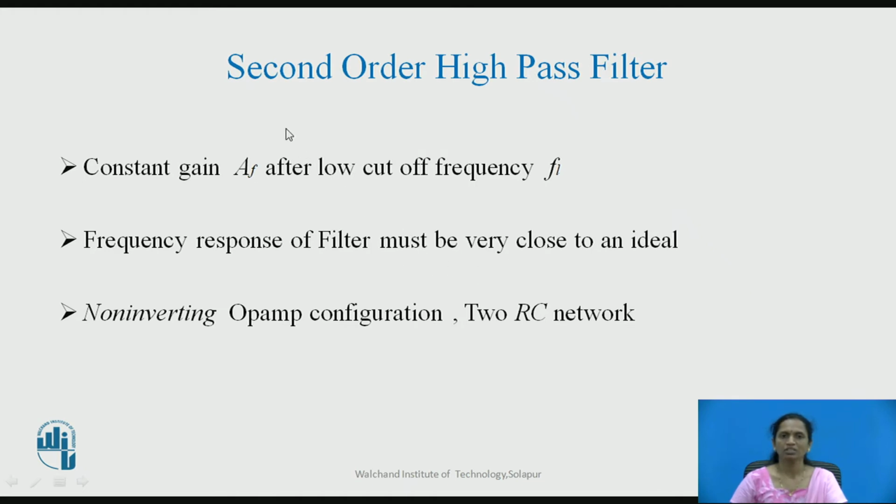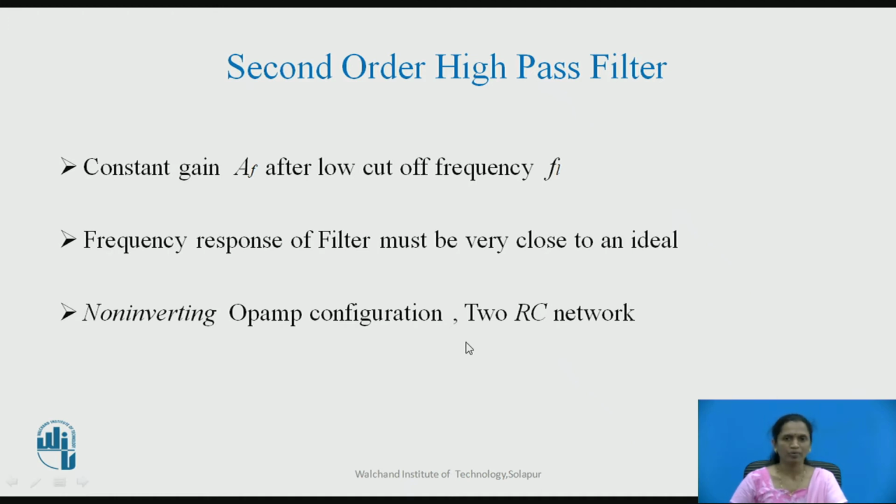As we have seen in the first order high pass filter, the slope of the graph in the stop band is 20 dB per decade, and we are expecting the graph to reach towards the ideal case, that is a sharp cutoff between the pass band and the stop band.